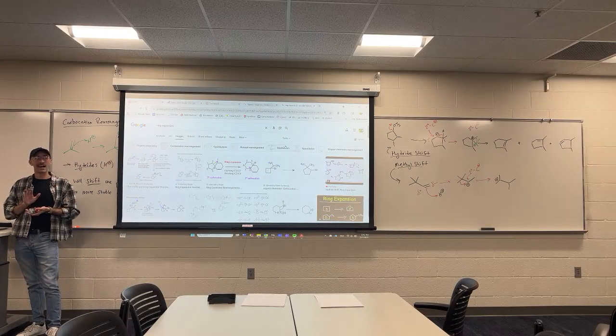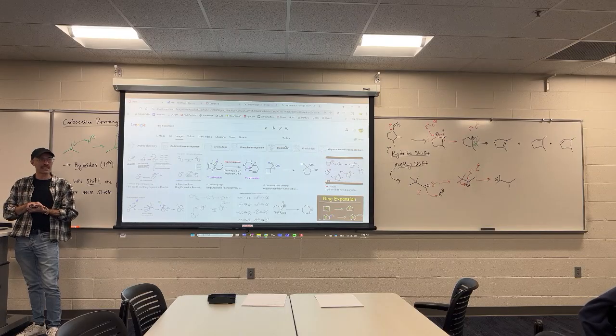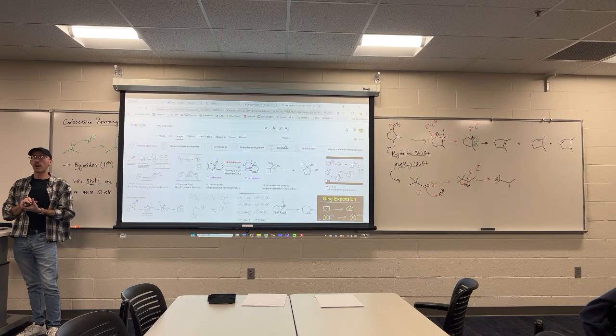We're going to be looking at a lot of reactions that have carbocations as intermediates. And every time we form a carbocation, we have to look at it and analyze: could this be more stable on an adjacent carbon? Is there a hydride shift or methyl shift that will cause this to be more stable?